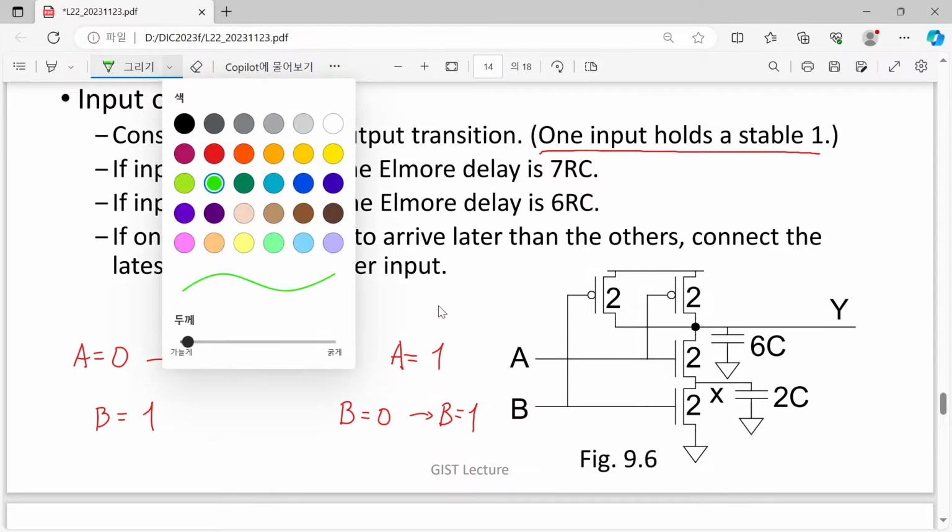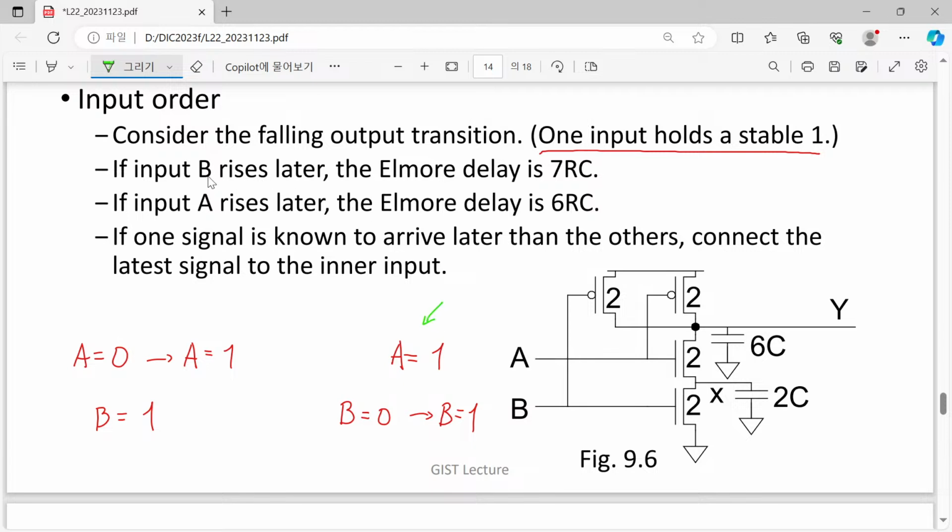For example, let's consider the first case. In this case, input B arrives later. A has already arrived as a 1 and stayed there. Then what will happen? Now this pull-down network is just disconnected, and the A transistor is logical 1, but B is 0, so current should be 0.